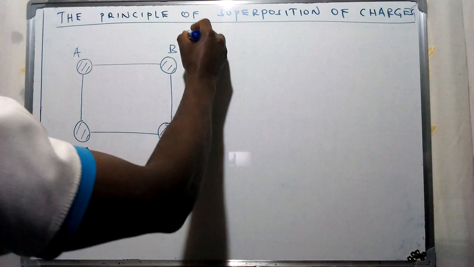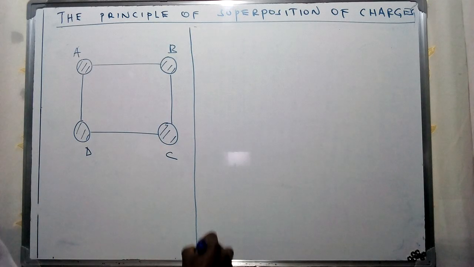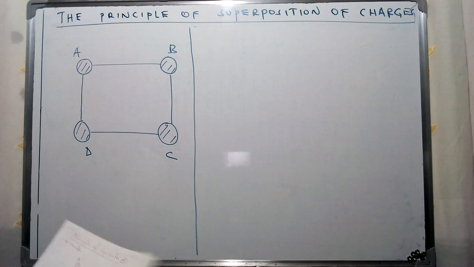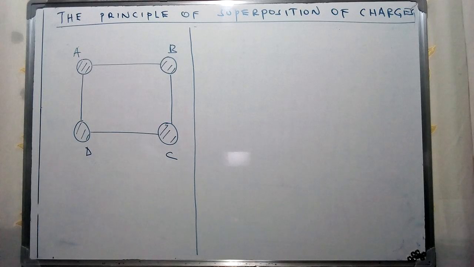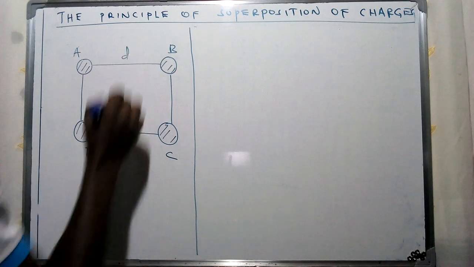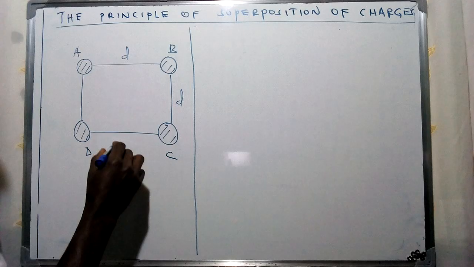We have looked at a particular example where we can represent the various forces experienced by these particles. The example on the board is another application of the principle of superposition. I'm going to indicate the distance between the charged particles as d.